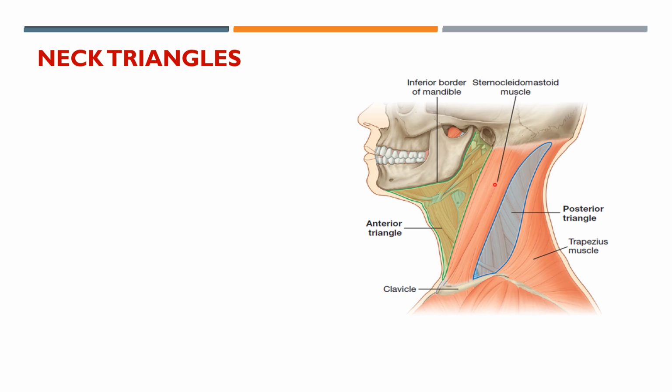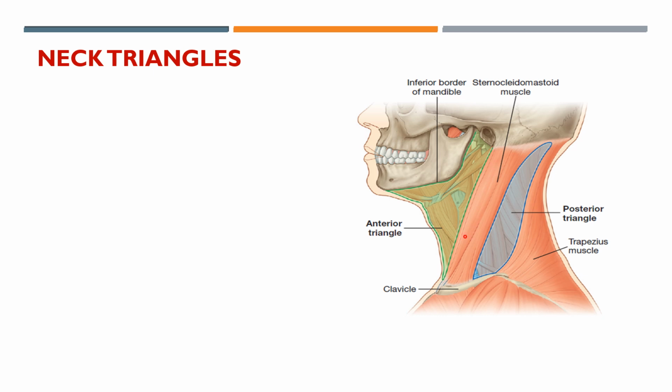It plays a major role in dividing the neck triangles anatomically, just to help us study these two triangles. So this landmark, the sternocleidomastoid muscle, helps in dividing the neck into the anterior neck triangle and posterior neck triangle.